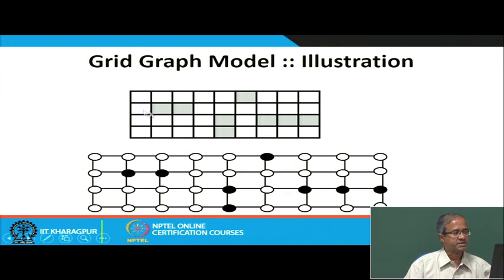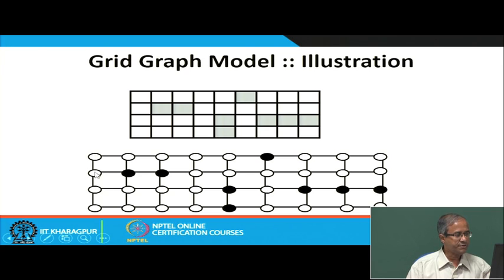Let us take an example like this. I have a 2-dimensional grid like this, where the shaded regions represent the obstacles. So, I can map it to a graph where every region corresponds to a vertex, the adjacent regions are connected by an edge, the obstacles are denoted by solid vertices. Now, suppose I want to make a connection from this cell to this cell, which in this graph represents this vertex and this vertex.